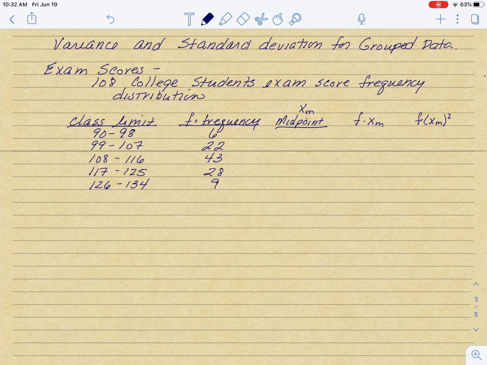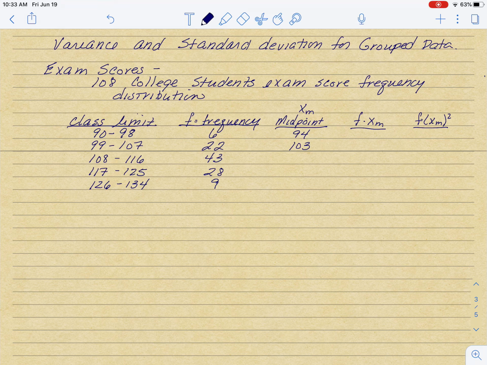So let's first go find all these values here. The first one, we need the midpoint of the classes. So we're going to add the two class limits and divide by 2. So 90 plus 98 divided by 2 is 94. And then the next one, 99 plus 107 divided by 2 is 103. Now what's the difference between those?